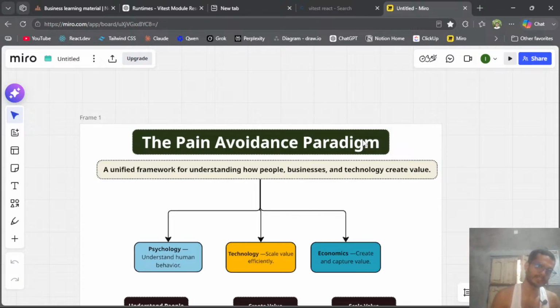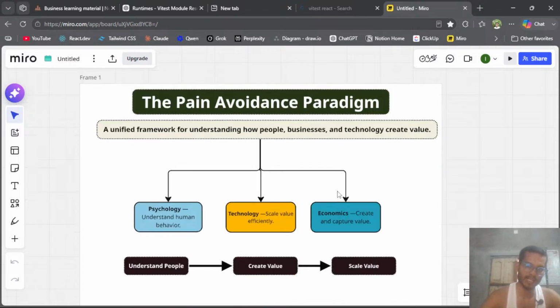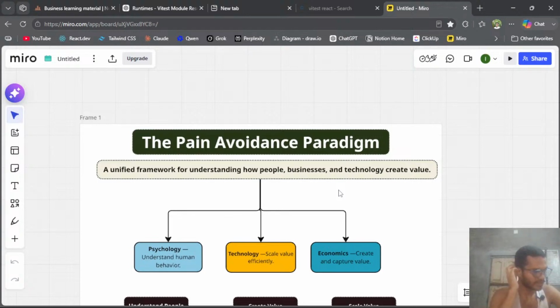I researched a lot, guys, and I came up with this concept because there is a sentence I explain that defines the entire human being, the human brain. Human beings are pleasure-seeking machines, and pain avoidance is in our DNA.